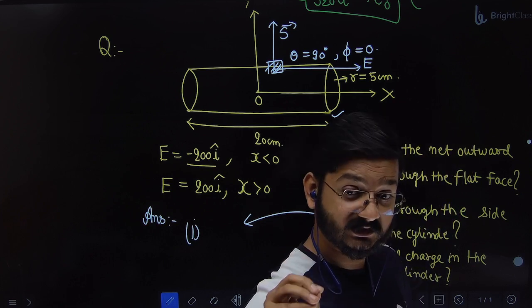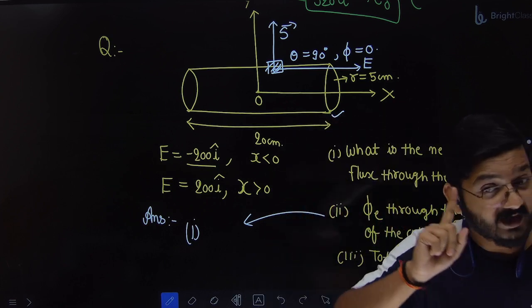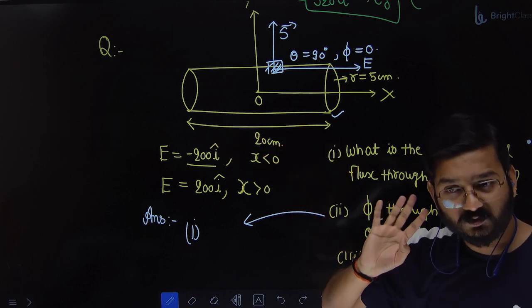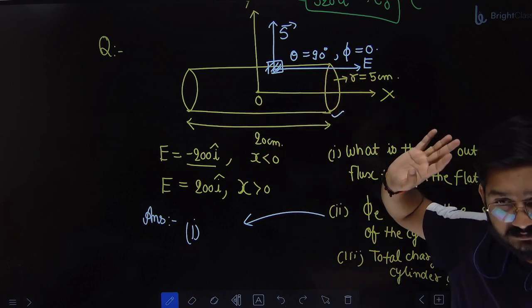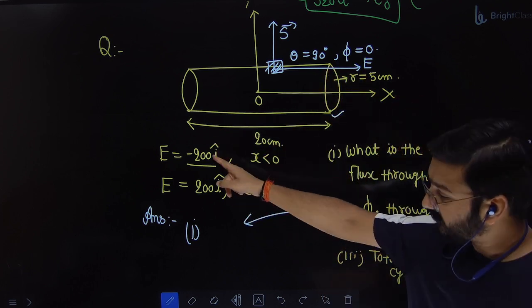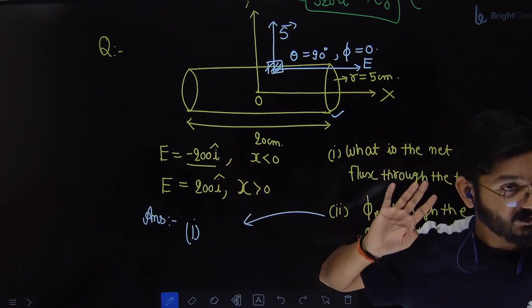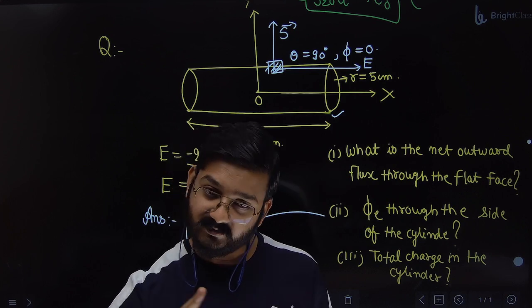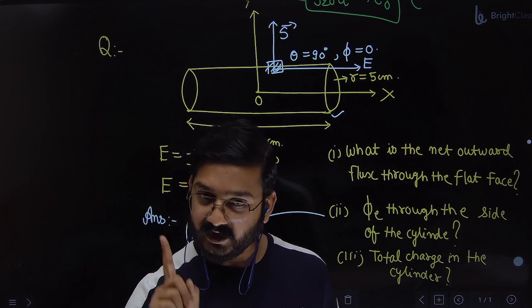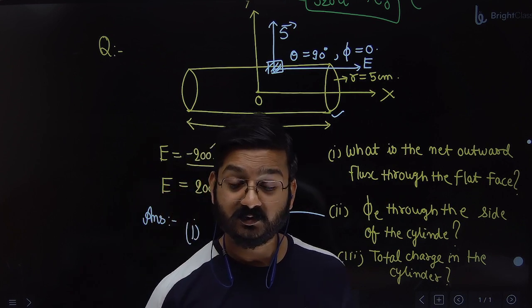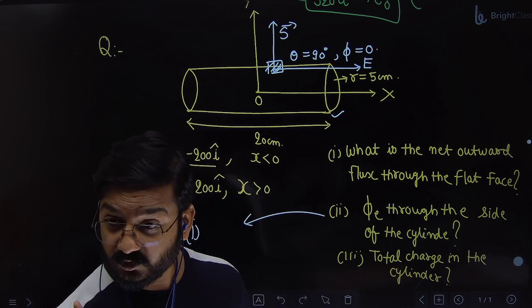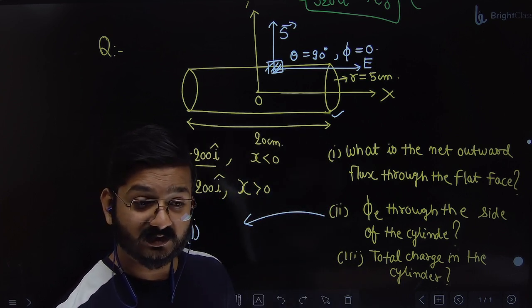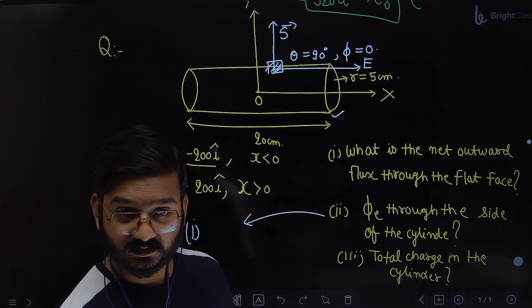If the electric field value is different, then you would do the calculation two times, but the area is the same, a circle, and the electric field magnitude is the same. So the magnitude of flux will also be the same. The sign may be opposite, plus or minus, but the magnitude will be the same. So when you are solving an MCQ, save your time. Don't do the same calculation again and again.